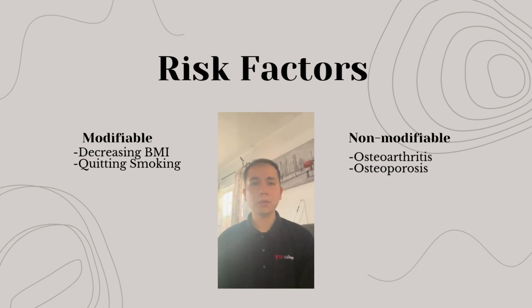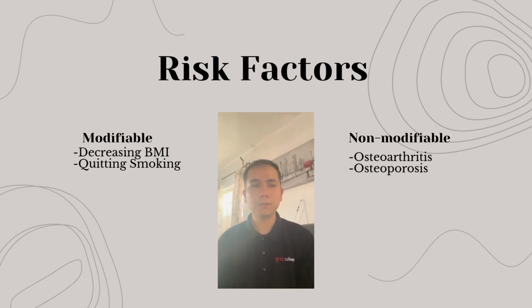Although THA cannot always be prevented due to certain conditions like arthritis or osteoporosis, which are not modifiable, there are some ways a person could reduce the risk of getting a total hip replacement.